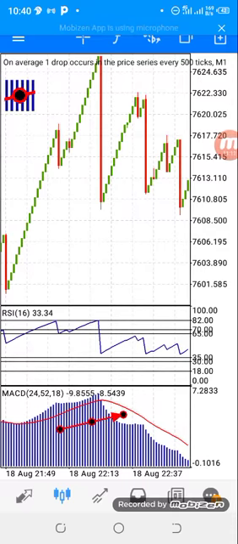As you can see, the MACD bars are all below the signal line, which signifies that we are looking for what? Sell signal, and we are looking to sell either Crash 500 or 1000.